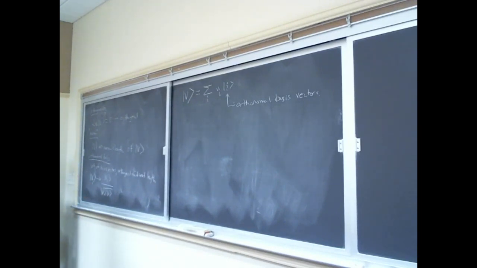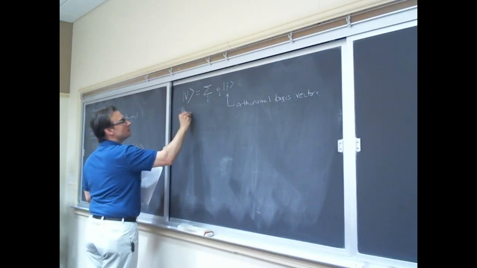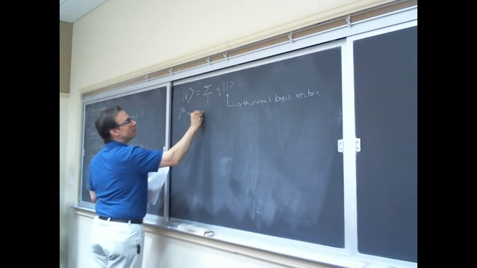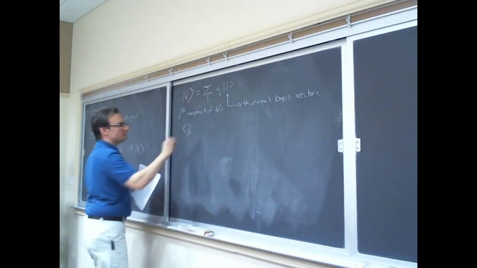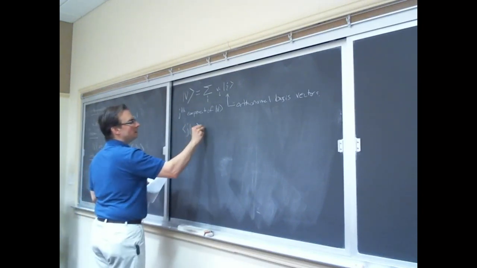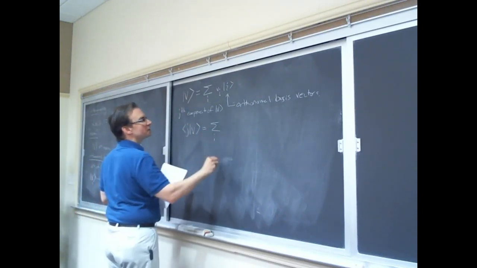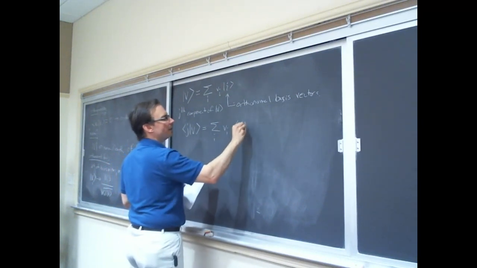If you wanted to find the jth component of ket V, you'd simply take the inner product of the orthonormal basis vector j with V. So this just gives you the sum on i, v_i is a number, times the inner product of j with i.